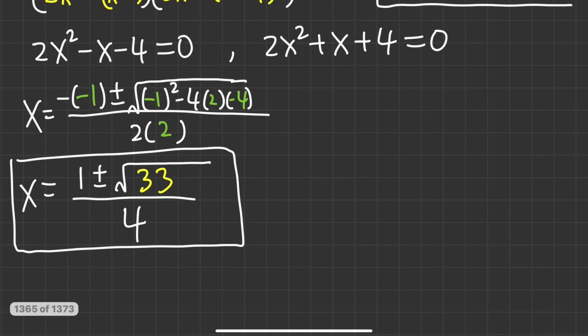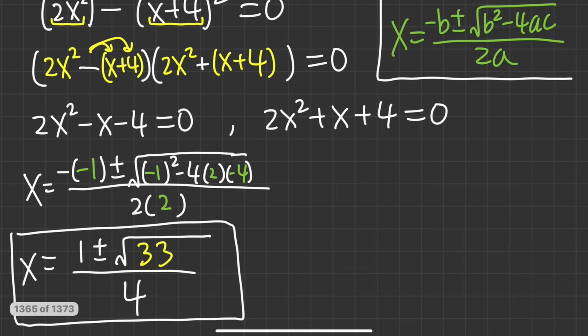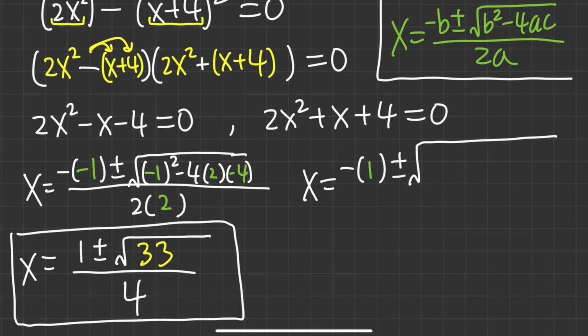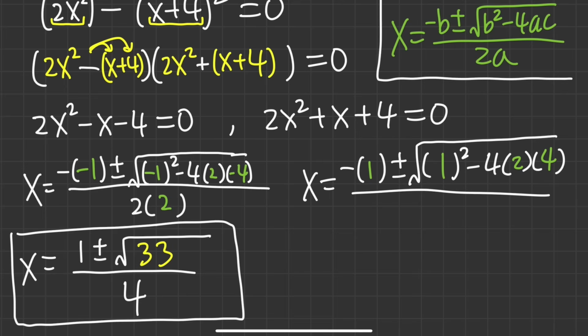Now for the other one, which is very similar, let's do it as well. X will be negative b. Here the b is positive 1. And then plus or minus square root of b squared minus 4ac. Sorry, b is 1, a is 2, and c is 4. And then all divided by 2a.